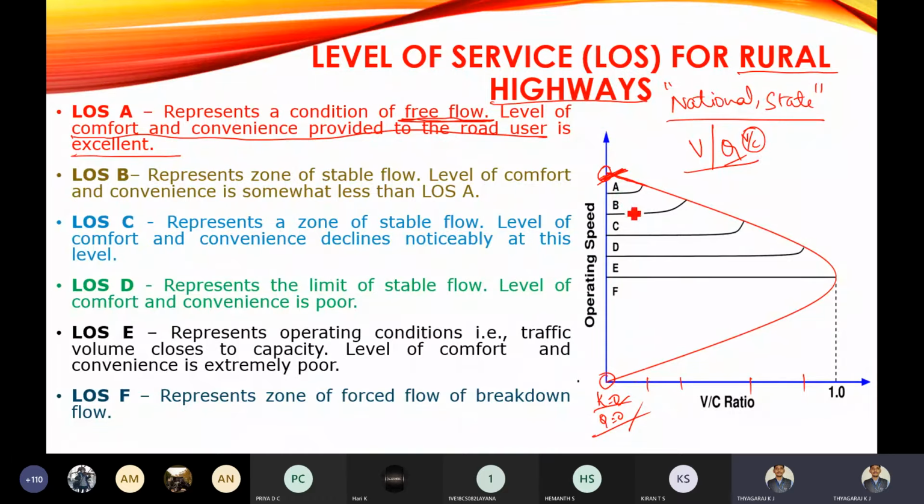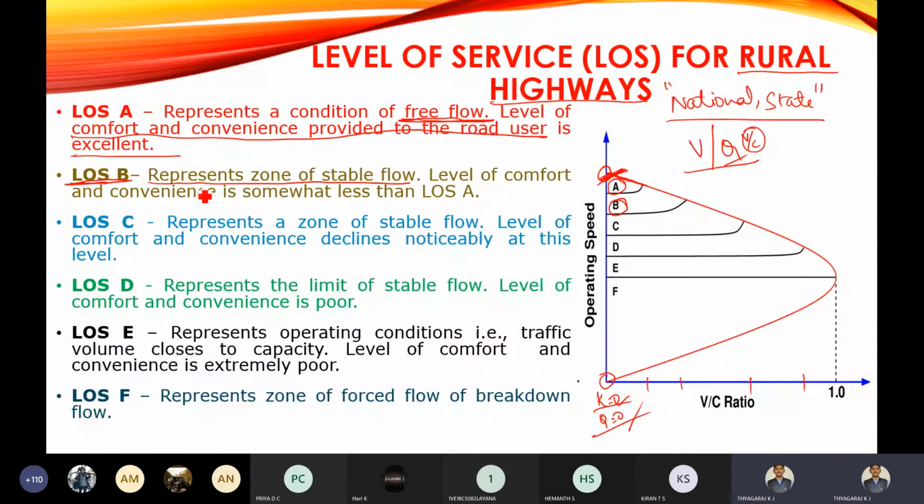That state we are going to call level of service B. It represents the zone of stable flow. So level of service A will be the zone of free flow, and level of service B will be the zone of stable flow.